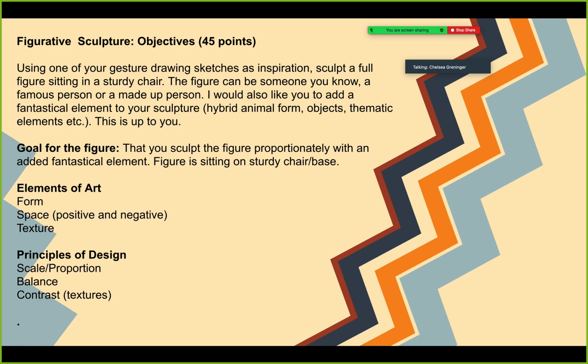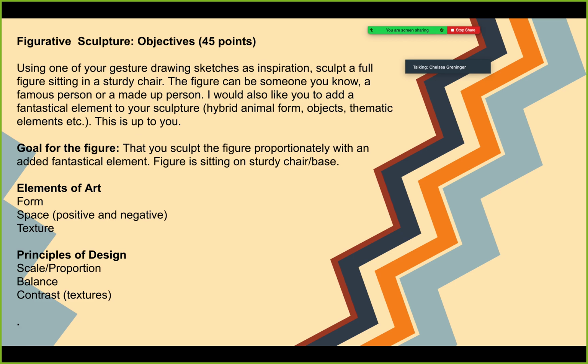You're going to sculpt a full figure, and I want your figure to be human and proportionate, but you can choose to either exaggerate something on the body to give it some type of narrative, or you can add something fantastical, like you could make it a hybrid human animal form. You could add objects to your figure.